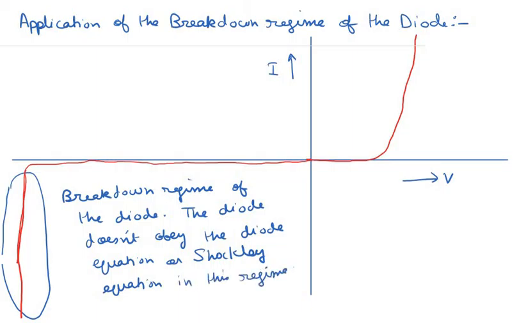I don't remember if I have told it before, but the diode equation is also known as the Shockley equation, because it was derived by someone whose surname was Shockley.